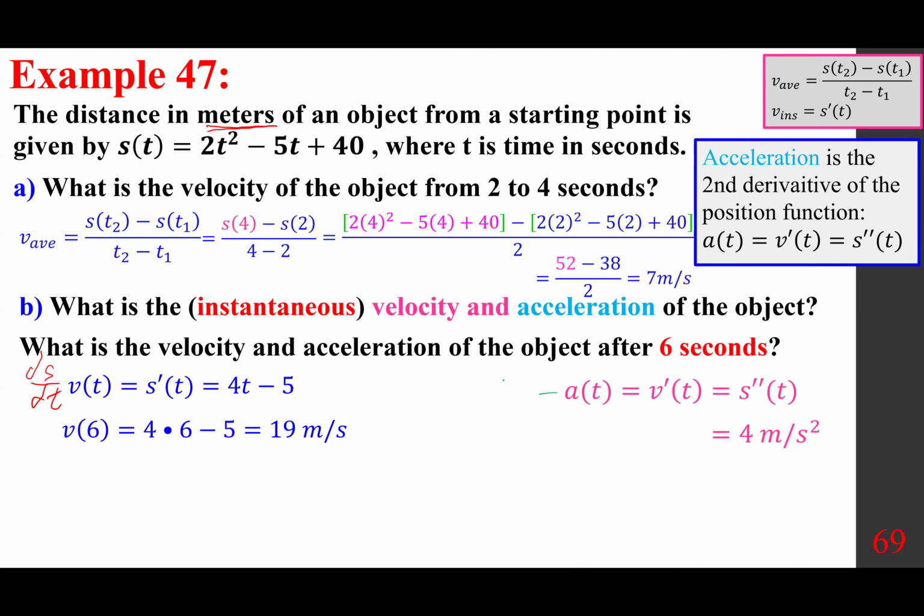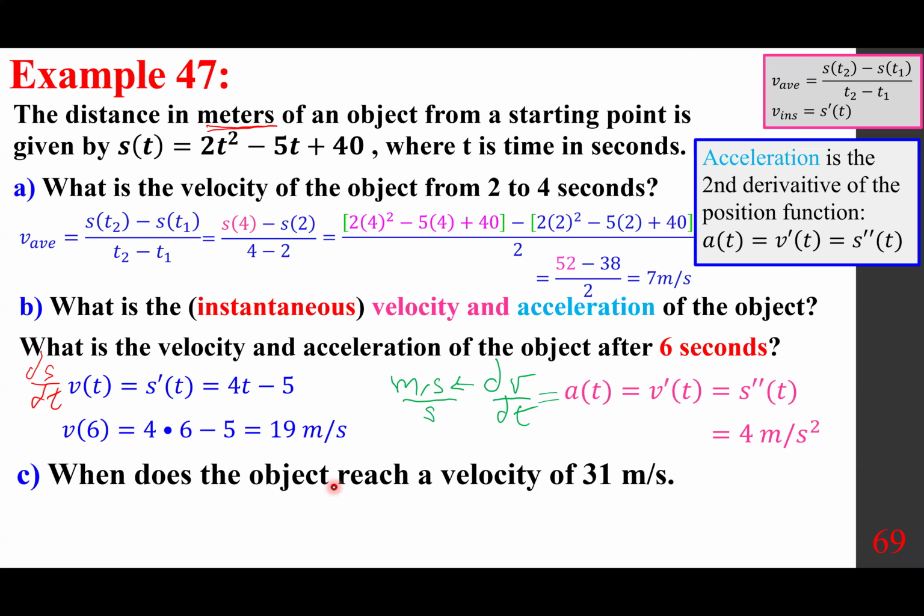A of t is dv dt, the change in velocity, which is meters per second, over change in time, which is in seconds, and we get meters per square second. Just like the g-force, the gravitational acceleration, which is 9.8 meters per square second. As far as the units are concerned, it is the same as the g-force.